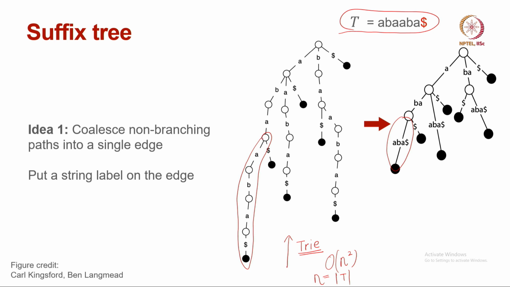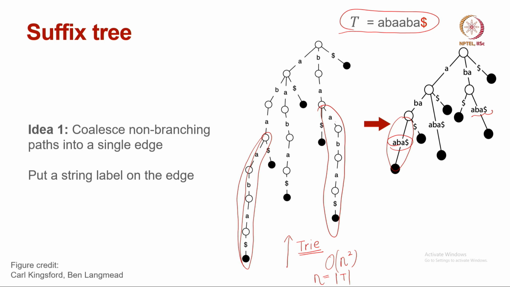So, for example, in this particular case the complete path spells $ABA. I am going to save this string label $ABA on the shortened edge, right. So, for all non branching paths in the suffix trie I am going to coalesce them. Similarly, you can see that this particular non branching path is now shortened into a single edge that spells the string ABA$. Okay, so that is the idea number 1.